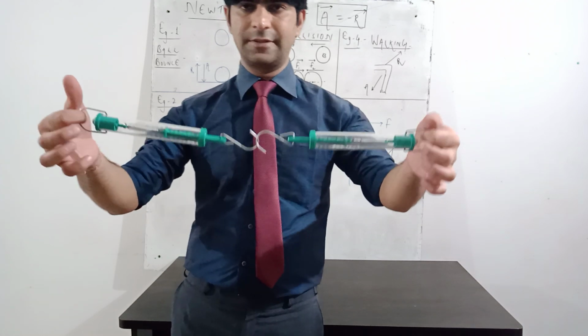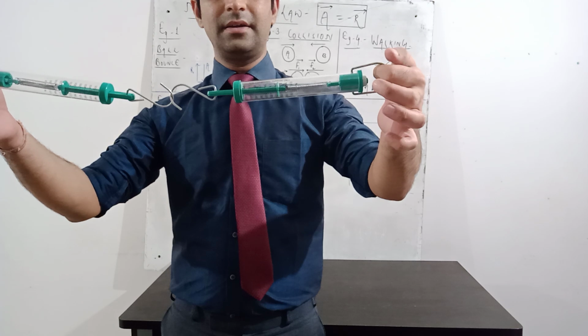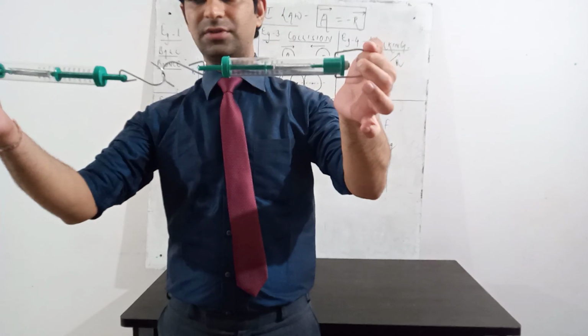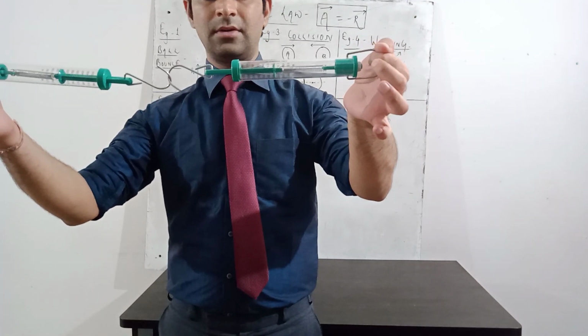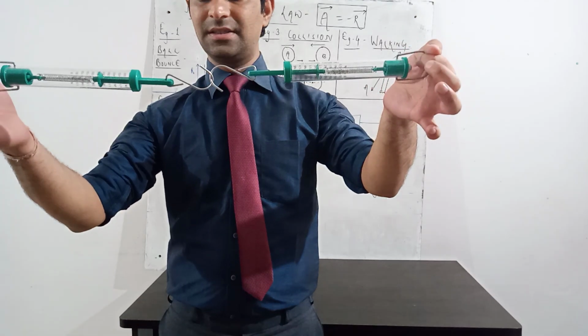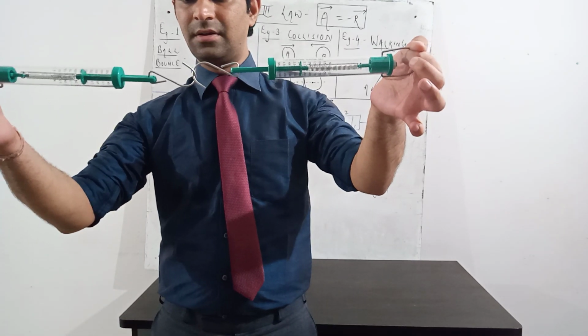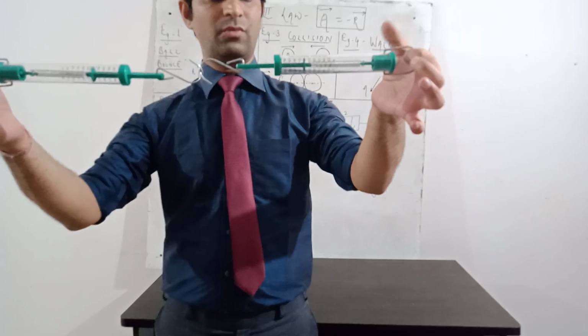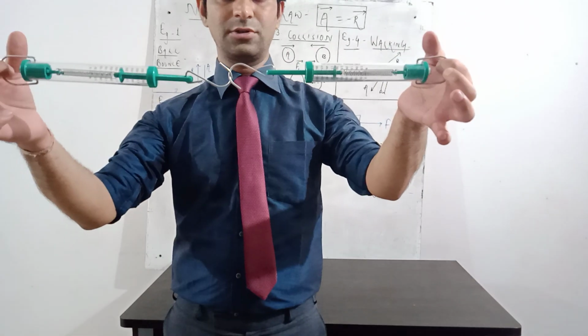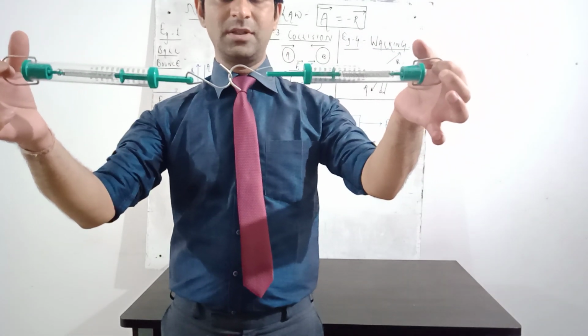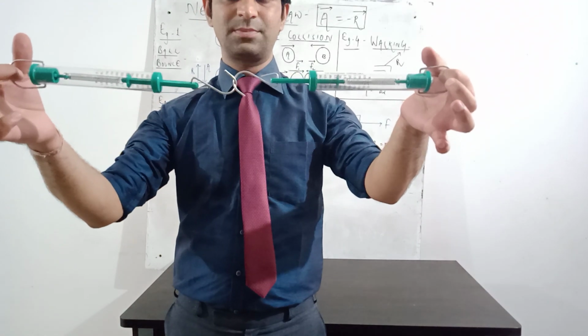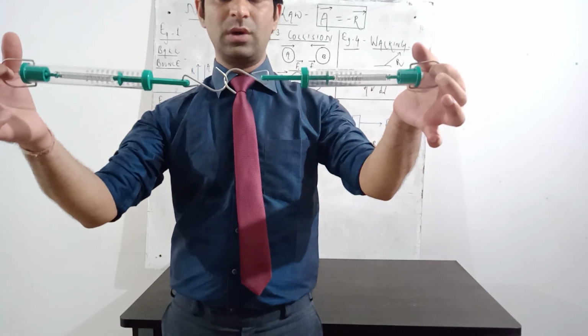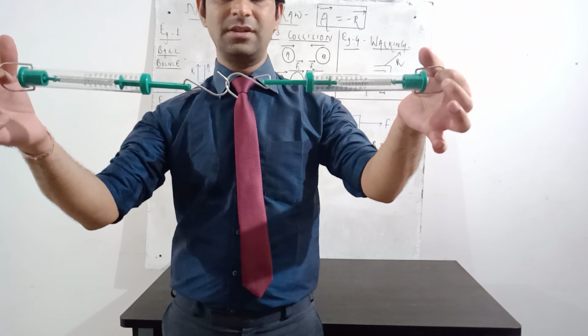When I keep this end fixed and stretch this part, both of these scales will read 2.5 Newton. When one is reading 2.5 Newton, the other is also reading 2.5 Newton. That means both of these spring balances are applying equal and opposite forces on each other.